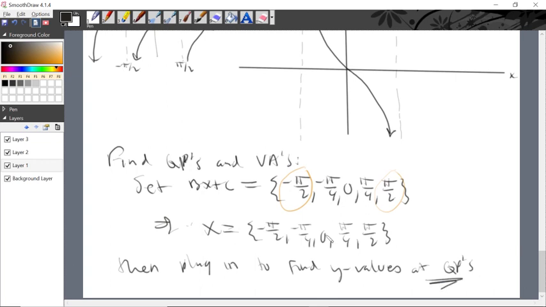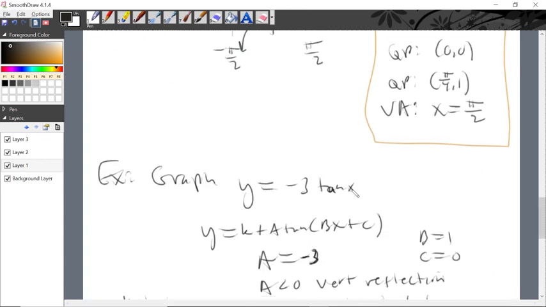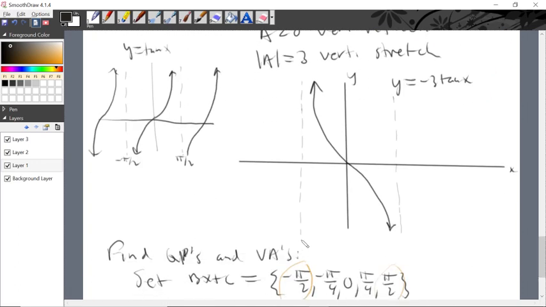Now, we don't plug in the values associated with vertical asymptotes because if we did, we would expect to get a domain error, because it is undefined. So if you plugged in negative pi over 2 or pi over 2, you're just going to get undefined or a domain error. All right, so we already know that there's a vertical asymptote at x equals negative pi over 2 and another one at x equals pi over 2.